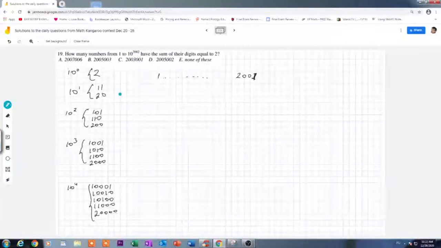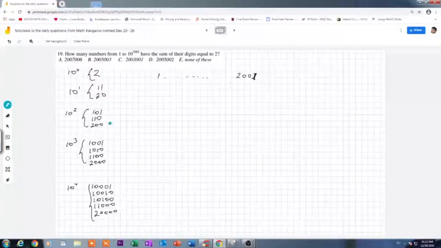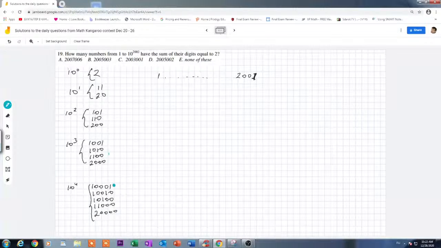It's 11. In hundreds, we have three numbers, right? And then in thousands, we have four numbers, and so on. As we introduce another place value, we have an additional number such that its digits add up to 2.